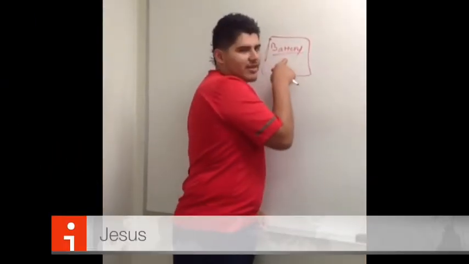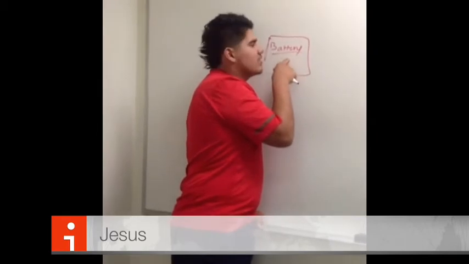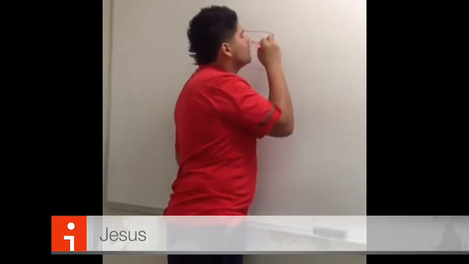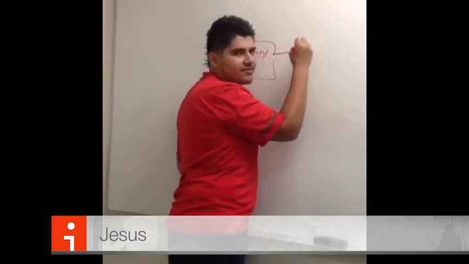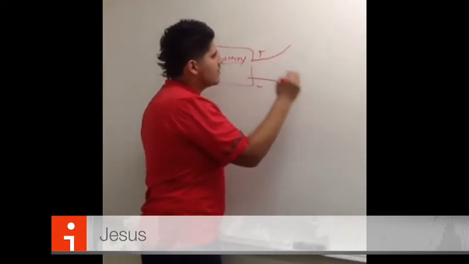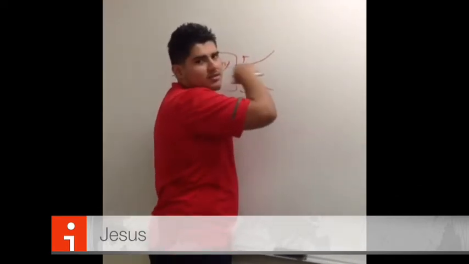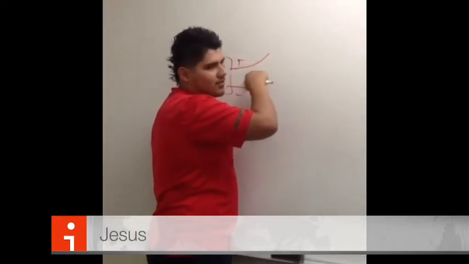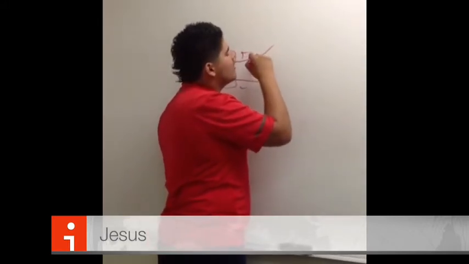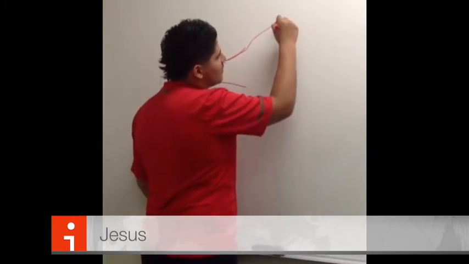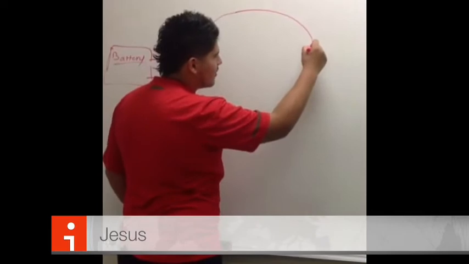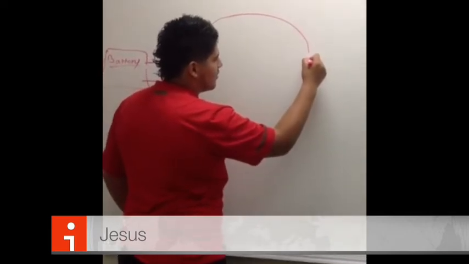Okay, I misspelled battery, but I don't know why. You use this battery, you plug in a positive and negative. These are lines, metal, whatever. You know what it is. They go and they go and they go and they hit a light bulb.